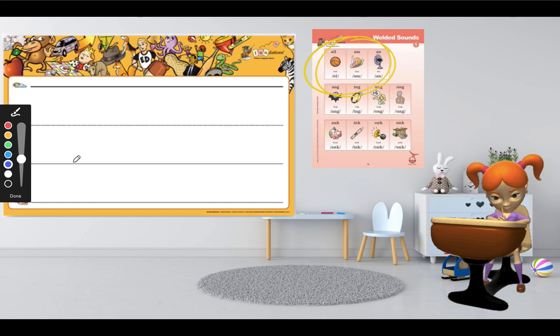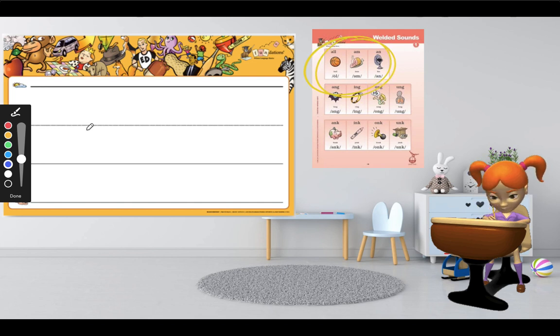Let's do a new sound. What makes the sound am? Am. I'll give you a hint. It is a glued sound. Am. Write the letters that make the sound am on your dry erase board.